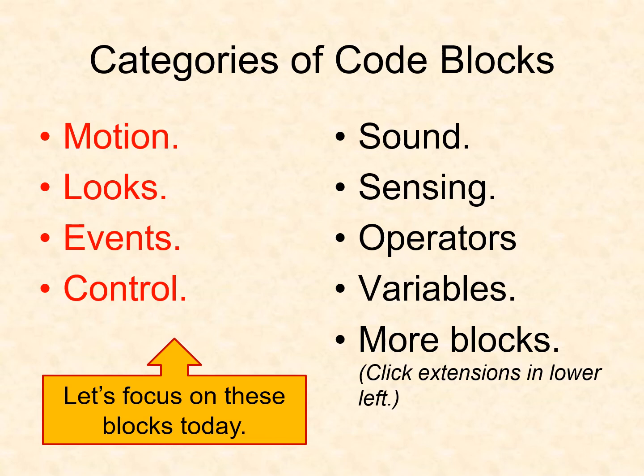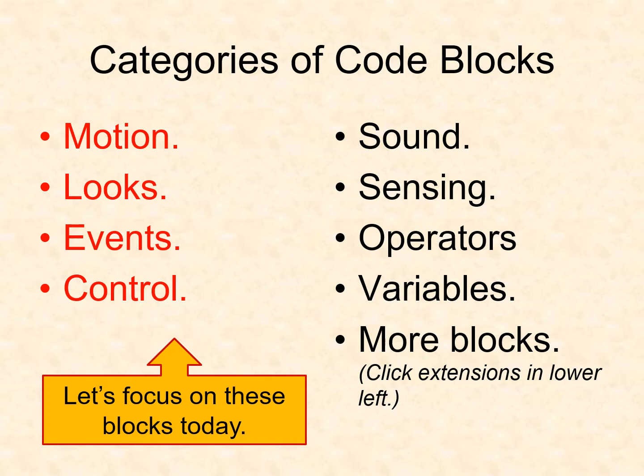There are a number of categories of code blocks. Today, we're going to focus on the basic ones, the ones to get some of the primary activities going in Scratch. We're going to look at motion and looks and events and control.